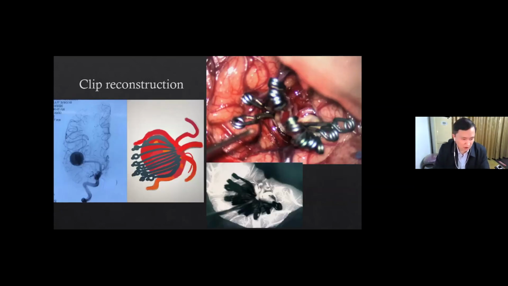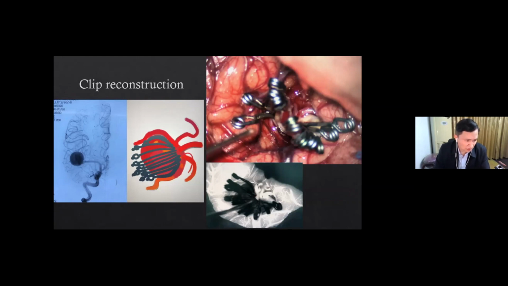And sometimes in the MCA, especially the segment of M1 to M2, there are fetal perforators. So normally we should save the perforators.